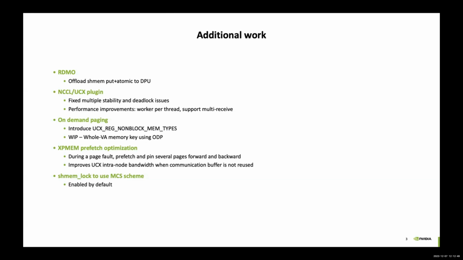And there's expected to be no performance impact from using this whole VA memory key? So the first thing we're going to implement, we're going to mlock the pages that are being used, to avoid the page migration and the unmapping, so it would be roughly the same behavior as today.